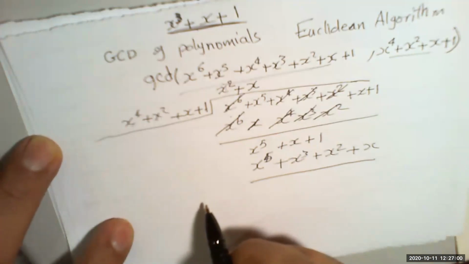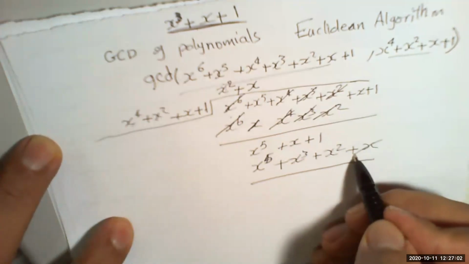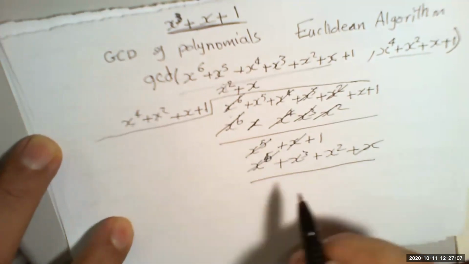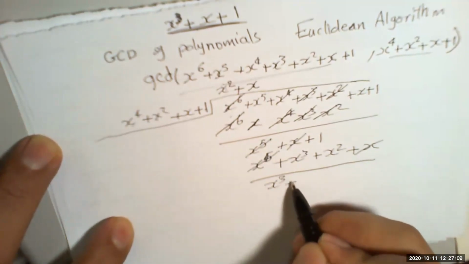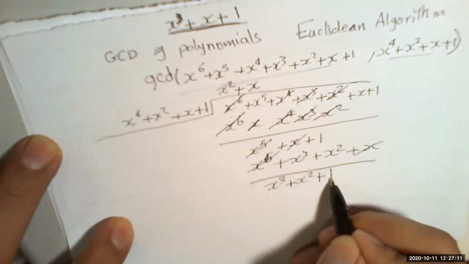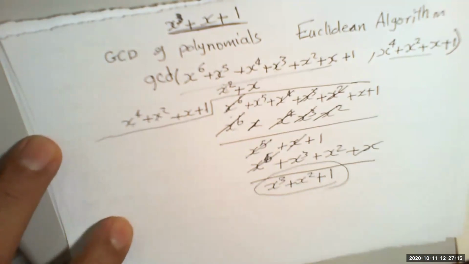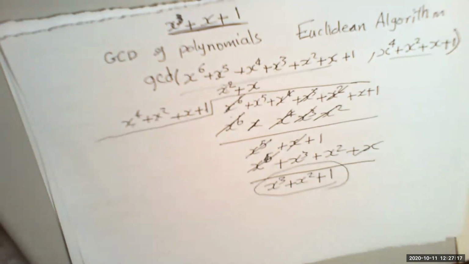So the remainder is here, x is removed with x and x^5 with x^5. So the remainder is x^3 + x^2 + 1. This is the remainder. I cannot move further, okay?